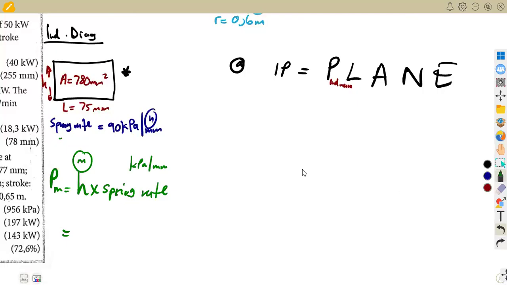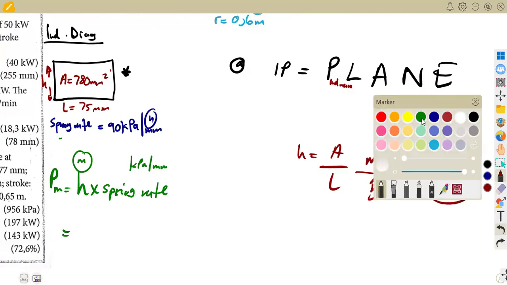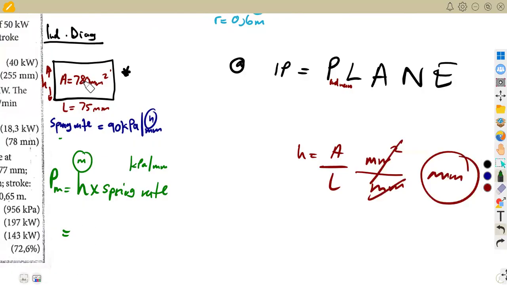Like I said, height is area over length. Our area is in square millimeters and our length is in millimeters, so square millimeters over millimeters gives an answer in millimeters. I'm just going to substitute directly into the formula: area 780 over the length 75, times the spring rate of 90 kilopascal per millimeter.